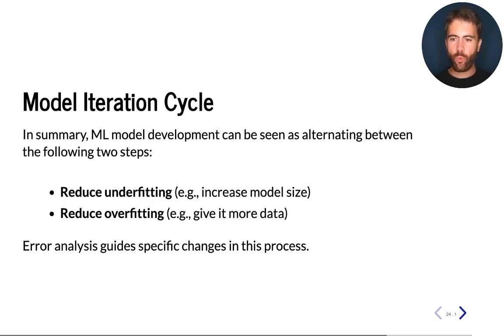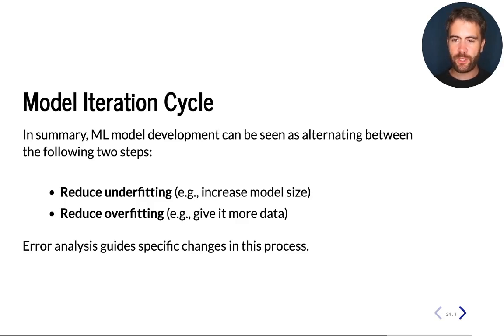And so working on a machine learning model means going continuously through a cycle that alternates between two steps. Either we're working on reducing underfitting, or we're working on reducing overfitting. Essentially, improving a machine learning model is a long loop where we alternate between these two steps until we have gotten rid of overfitting and underfitting, and we have a model that matches our ideal performance.